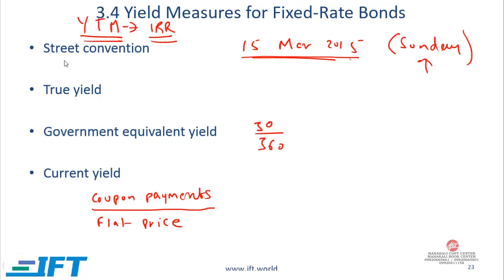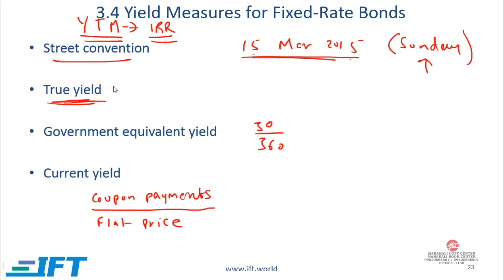One is called the street convention and the other is the true yield. The street convention is to assume that the payment is actually made on the date stated, which is 15th March. The other convention is called the true yield convention, where we assume that the payment is made on the Monday.